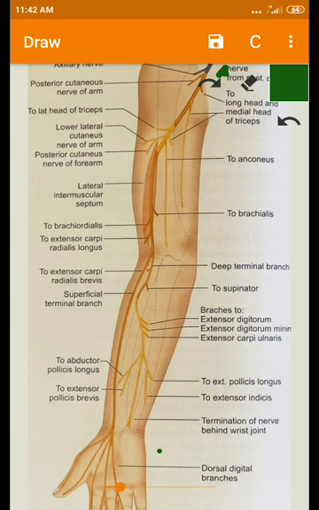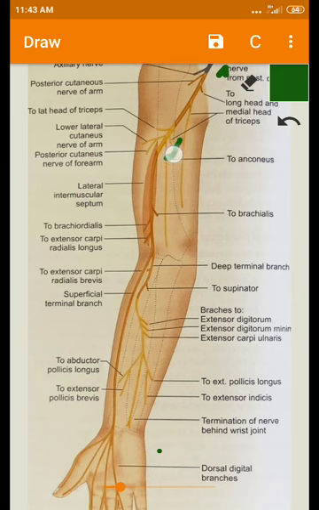So the radial nerve is present behind the axillary artery and also the brachial artery in the upper part of the arm, and it leaves the front of the arm by passing in between the long head and medial heads of the triceps. Along with the profunda brachii artery, it enters into the spiral groove.